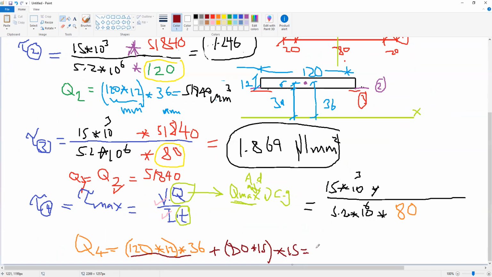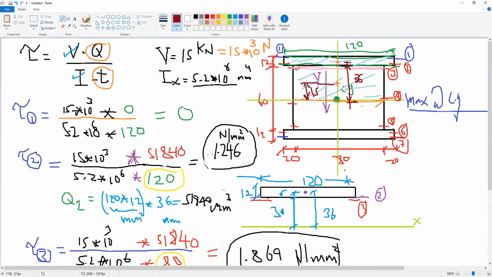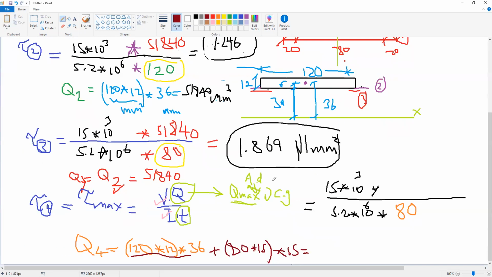So we get the moment of area Q. Sorry, this area is 30. The area is 80 by 30. Sorry, guys.